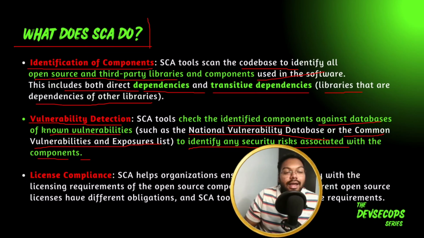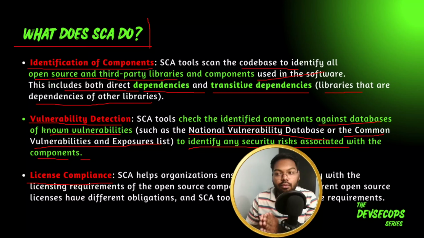So next is license compliance. SCA also helps list out the licenses of whatever components you are consuming. In that way, SCA helps organizations ensure that they comply with the licensing requirements of the open source components they use.